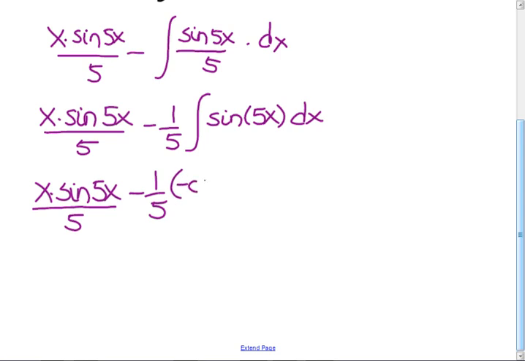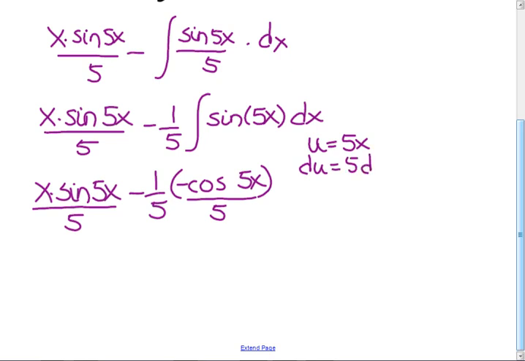Negative cosine of 5x. Now, what's wrong with that? If I differentiate this, I still have to have a 1/5 there. If I took the derivative there, the 5's would cancel. I don't want that to happen, so what has to be divided by? Has to be divided by 5. If you let u equal 5x, then du is 5 dx, and if you solve for dx, it's du over 5.